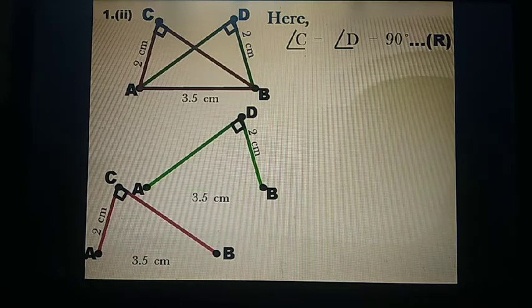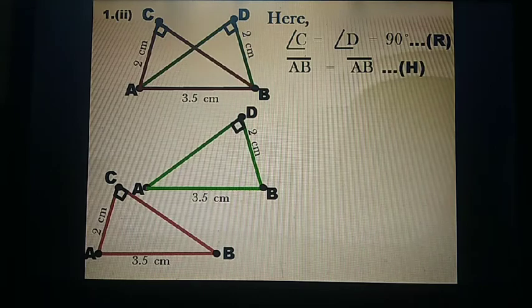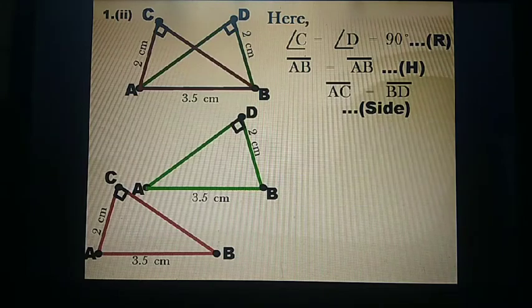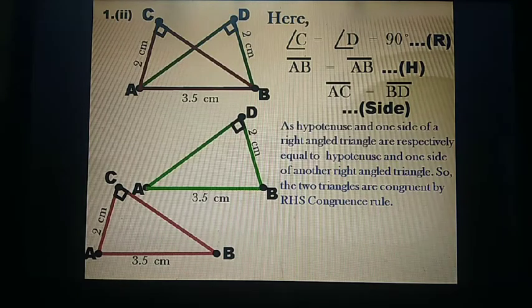So AB is acting as the hypotenuse here, so this is H. The next sides given in the figure are AC and BD. Both are 2 centimeters. This will be S. As the hypotenuse and one side of a right angle triangle are equal to the hypotenuse and one side of another right angle triangle, the two triangles are congruent by RHS congruence rule.